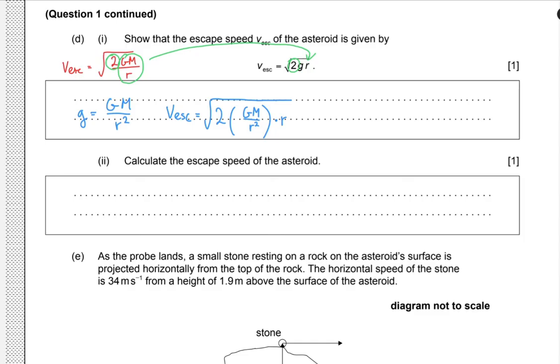And if you notice, this and this are identical, since I put an extra r multiplier there so that the r's cancel out. The r squared and the r will cancel each other out, since one of them is on the numerator, the other one's on the denominator. And so this is the solution. This is how we can rearrange it like this.